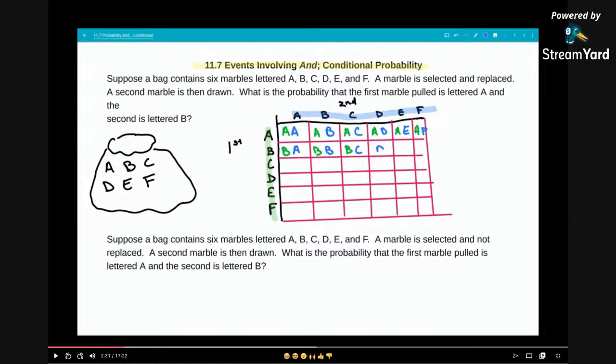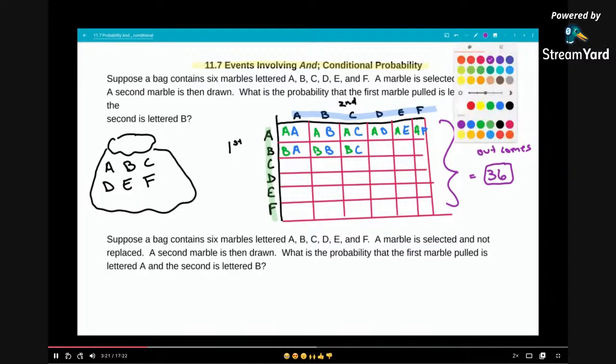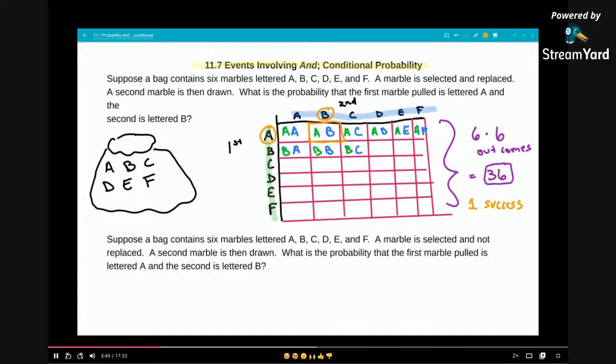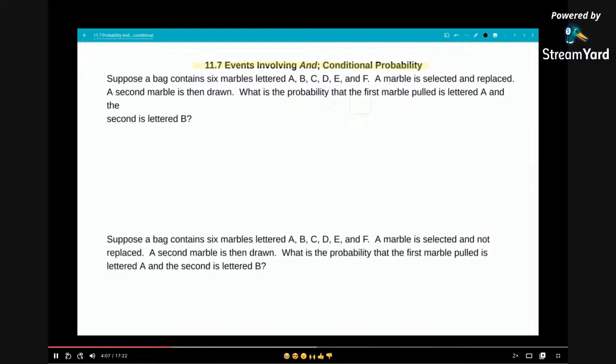I know there are a total of 36 possible outcomes here because there are 6 rows and 6 columns, of which one of them, getting A first followed by B second, is right there. One of those outcomes is successful. So to answer the question, the probability of pulling a marble first lettered A and then lettered B, as long as the marbles are replaced, is 1 out of 36.